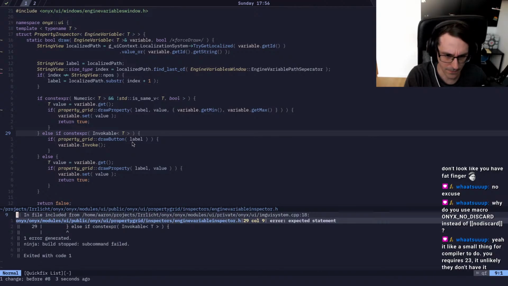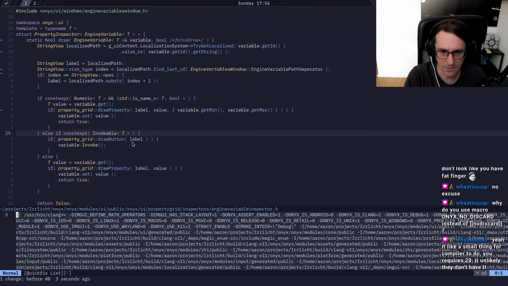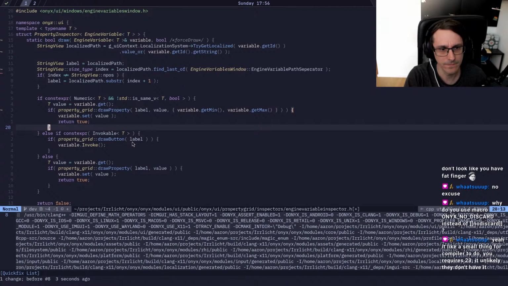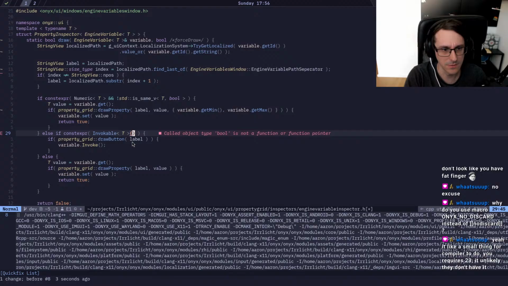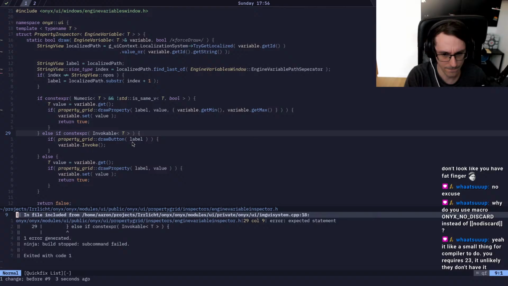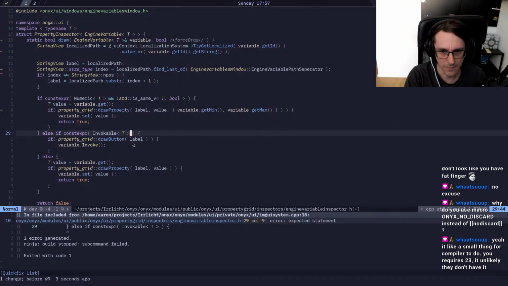yeah, exactly. Error expected statement. Is it invocable? Do I need to do it like that or what? No. Eh? So that ends here, and that ends here.